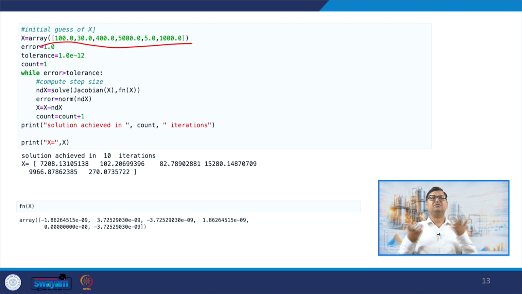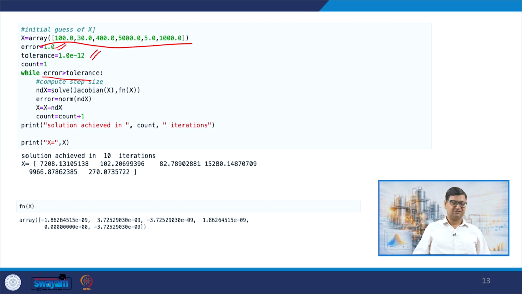But if you have some reasonable guess based on the understanding of the system, that really helps to converge the solution faster. And then, as I have said, just to get into the loop for the first time, I have defined some error value and some tolerance value, where we will stop when the error is no longer higher than the tolerance, right.